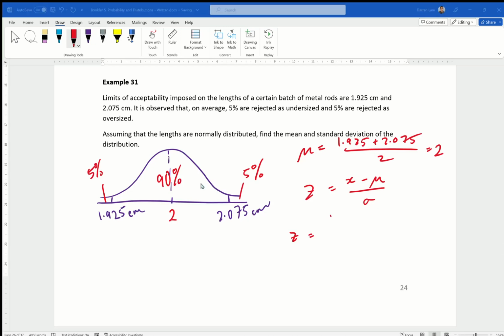I use interactive distribution, inverse normal. If I put the tail setting as left and put in my probability 0.05, I know what my mean is, but I don't know what my sigma is. I can't really just leave it as 1. So I'm going to use the formula. I know that z equals (2.075 minus 2) over sigma.